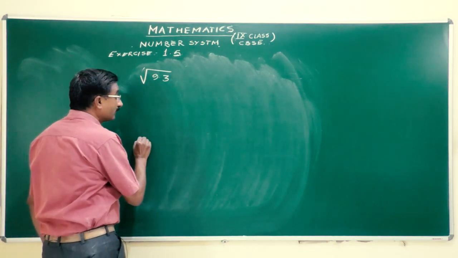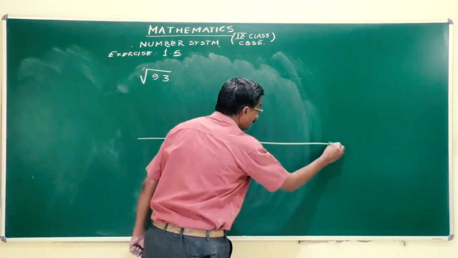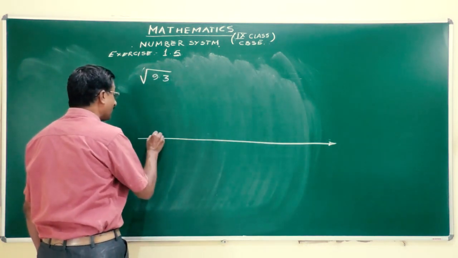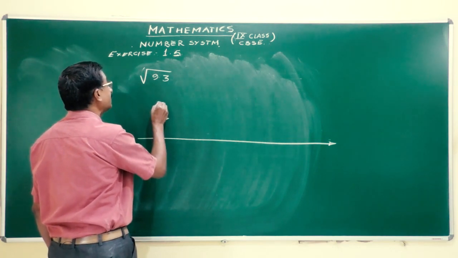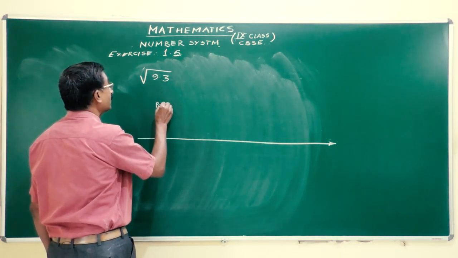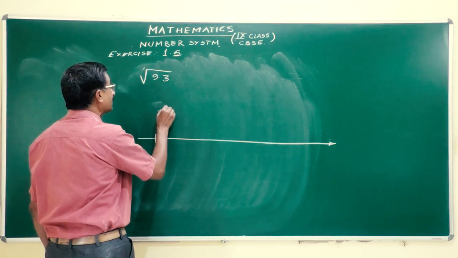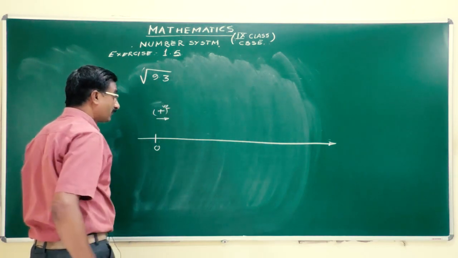Again, what you have to do, you have to draw a line and mark 0, because the value is positive. So this will be on the right side. I will write only a plus sign so that you can understand it is a positive value.